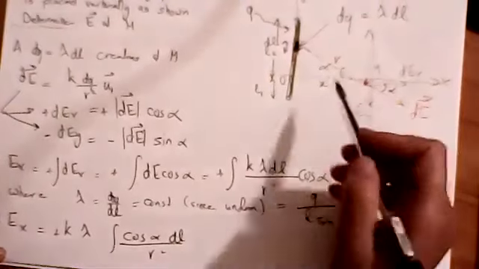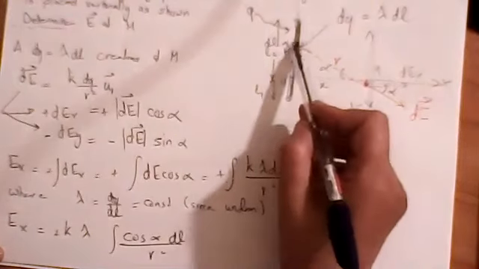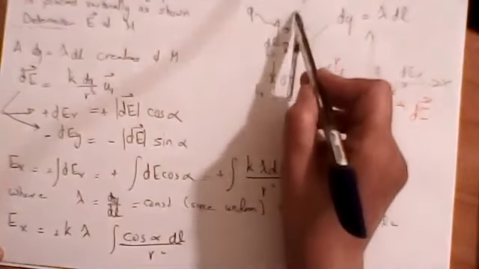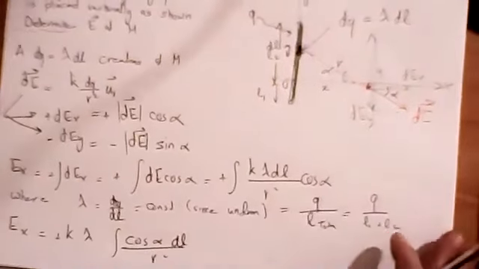I can write, as we said here, x plus this distance. This distance depends where I'm going to select my dl, my dq. So what are we going to say?